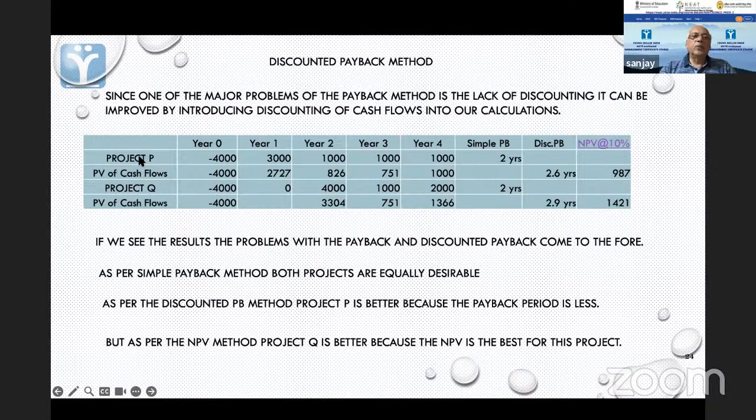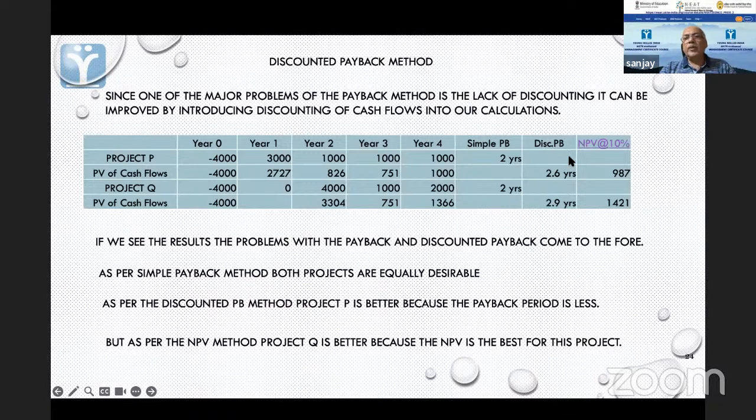For example, in these projects P and project Q, if I go by payback period, project P appears to be preferable because it has a shorter payback period. But if I go by NPV, project Q is preferable because it has a better NPV. So actually, I'll be making more money if I go for project Q. That is something which I don't find out even after I use discounted payback. In simple payback, I got nothing. Both P and Q were the same.